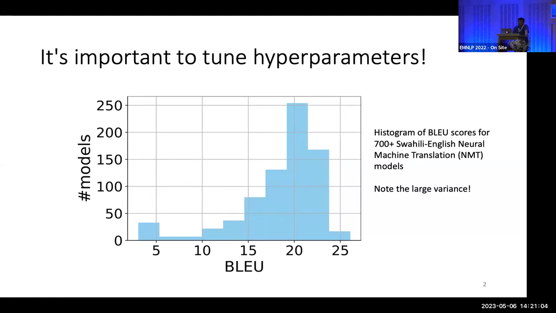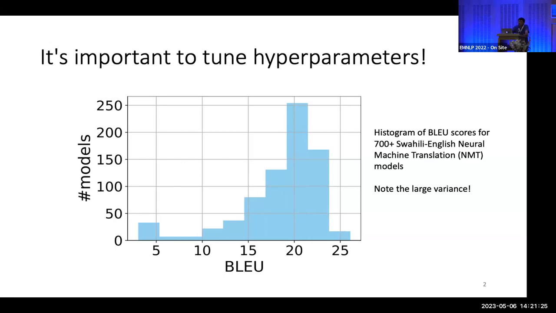Here, I'm going to illustrate with a machine translation example. I trained about 700 different transformer models using different hyperparameters, like different layers, different embedding sizes, different learning rates, different BPE units. So basically just a kind of brute force grid search.